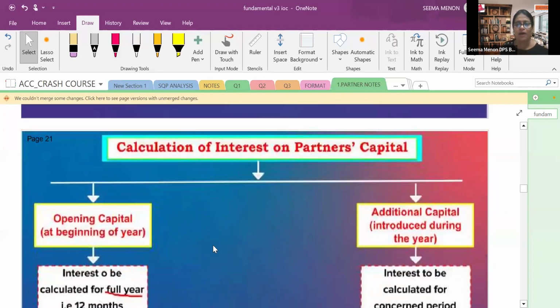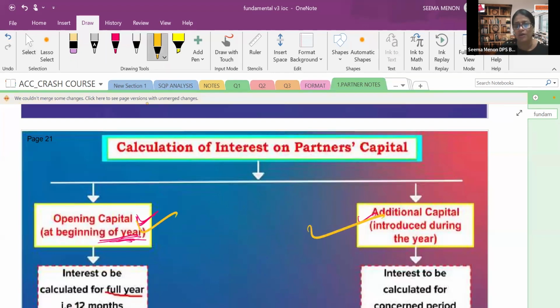Now, again, calculation of interest on partners' capital, how it will be treated. If the opening balance is given, and in between additional capital is brought, you can see the question. Opening capital is the capital at the beginning of the year or at the end of the previous year. Additional capital means the capital which is introduced during the year.